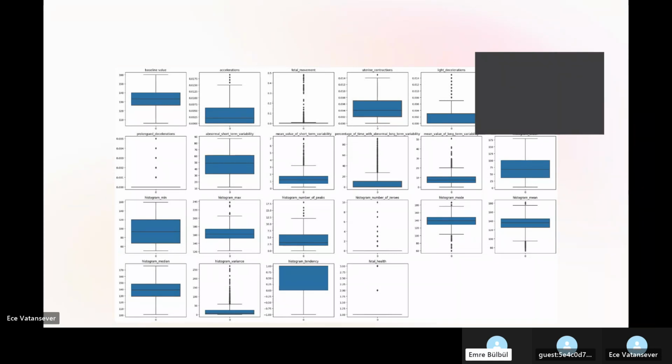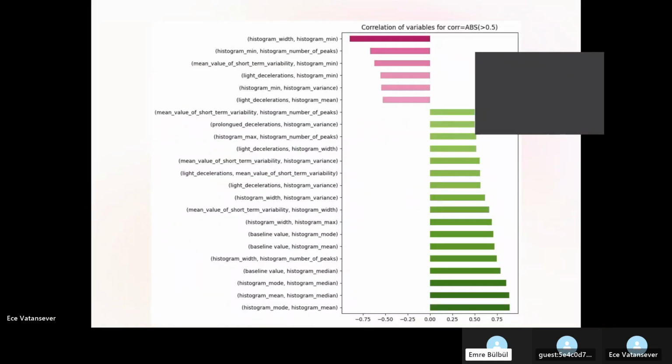In the next slide here, we look into the correlations between variables. We can see that histogram mode, histogram mean, and histogram median have a very high correlation among themselves, which suggests some of them may be redundant. However, further tests determine which features should be removed.